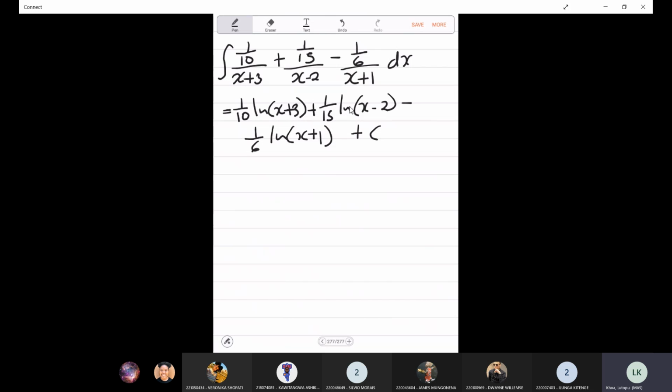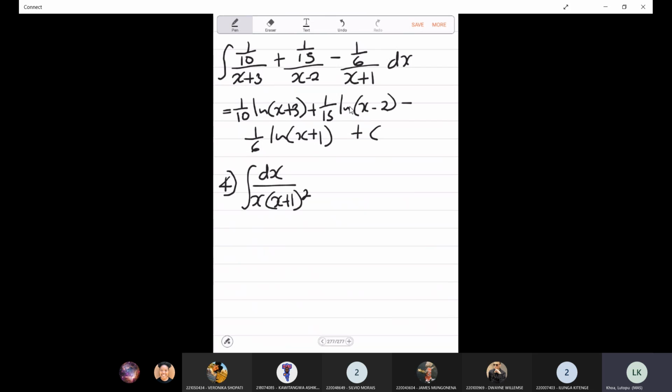Okay, number 4. Integral of dx over x times x plus 1 squared.